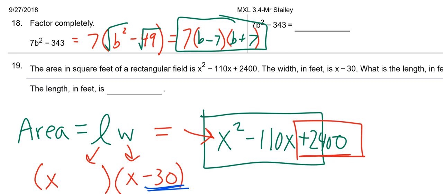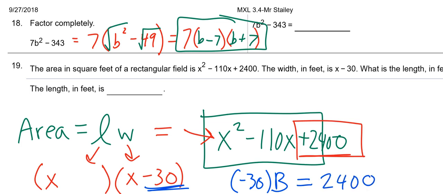Let's call it capital B. Negative 30 times capital B is equal to 2,400, because those two things have to be multiplied together. Whatever's going to go in there, we'll call it B.